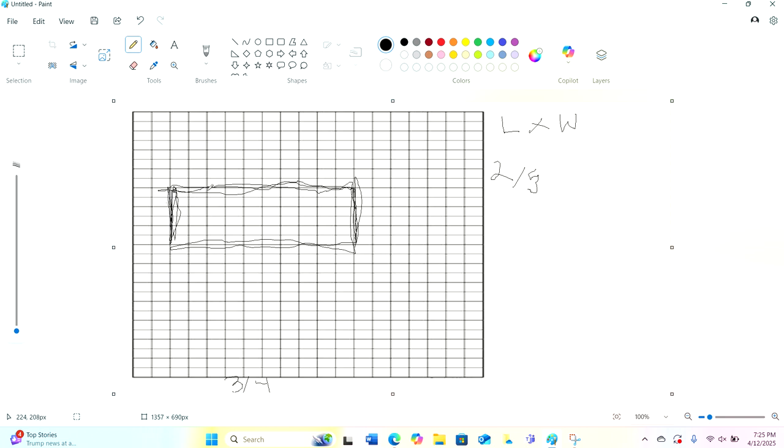So, hold on. Okay. So it would be about 3 spaces each for it to be, there we go. Okay. So we're going to shade 3 of these parts.